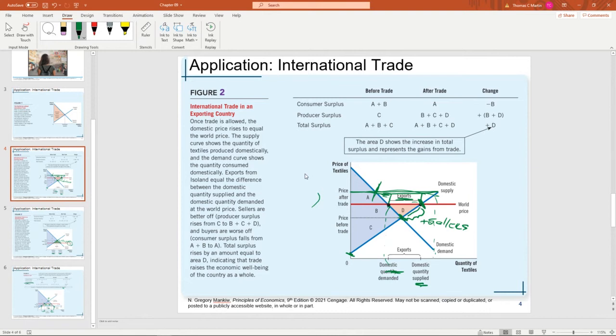This would be deadweight loss, and this is what we pay to the government for shipping it out, and this would be the quantity demanded internationally at that higher price. Or that'll be the quantity supplied. But that'll be a tax on exporting items.